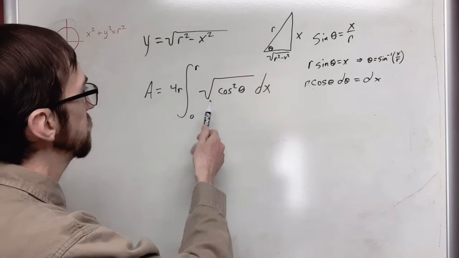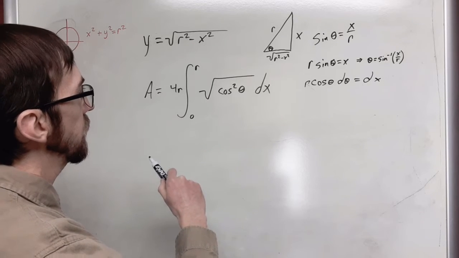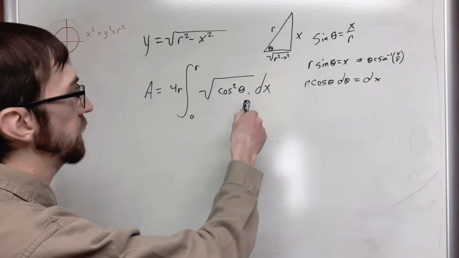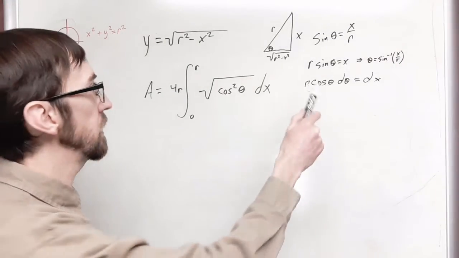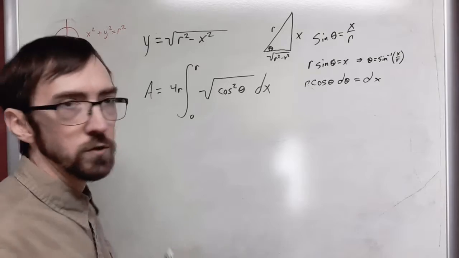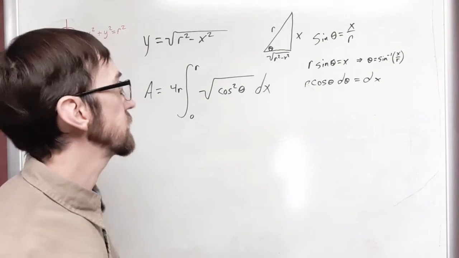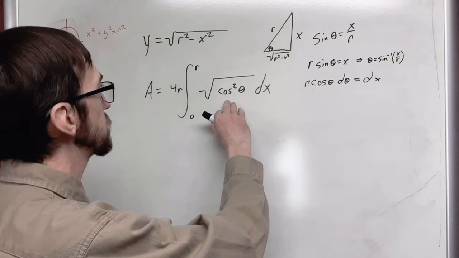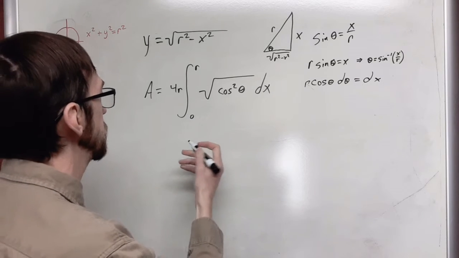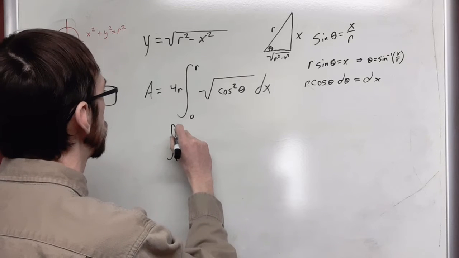All right, so now I'm looking at taking the square root of cosine squared, and I'm going to have to now deal with the fact that I have mixed terms of integration. I need to switch everything over to theta and eliminate the x terms in here. So the square root of cosine squared is going to be cosine. So we're integrating from 0 to r.